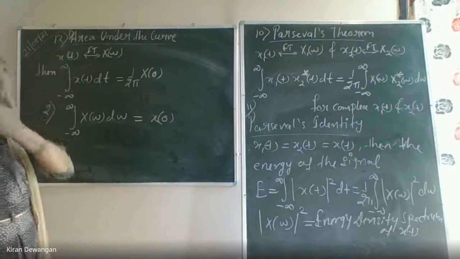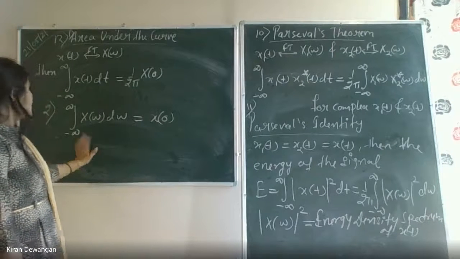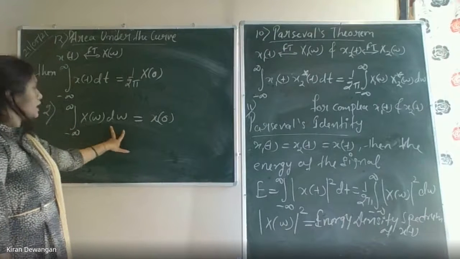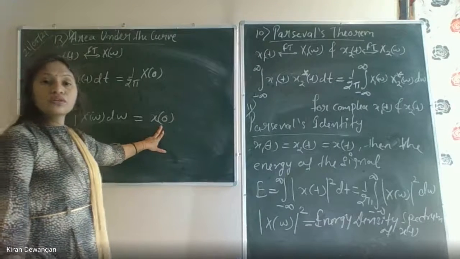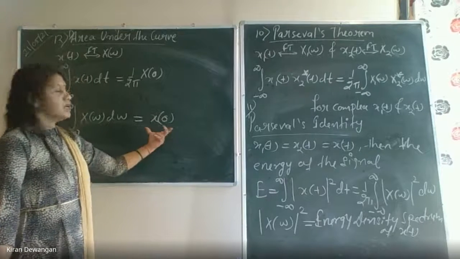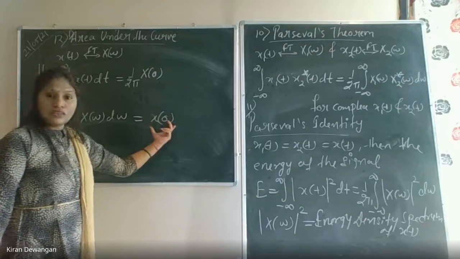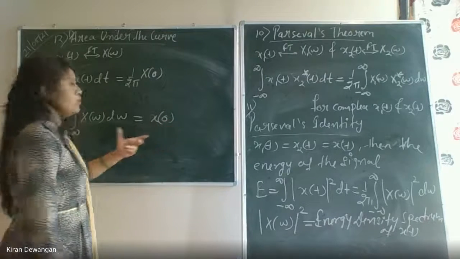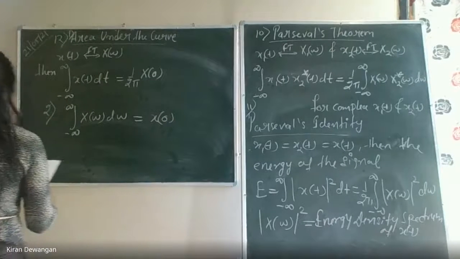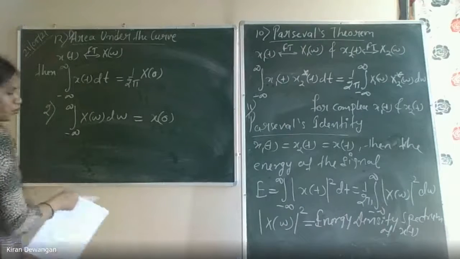If I take the area under the curve of the Fourier transform of any function x(t), that is the integral from minus infinity to infinity of capital X(omega) d omega, it will equal small x(0), that is x(t) at t equals 0. Here x(t) at t equals 0 will be x(0). So these are the area under curve properties and they are very important properties. Okay? And here we are done with all the properties.